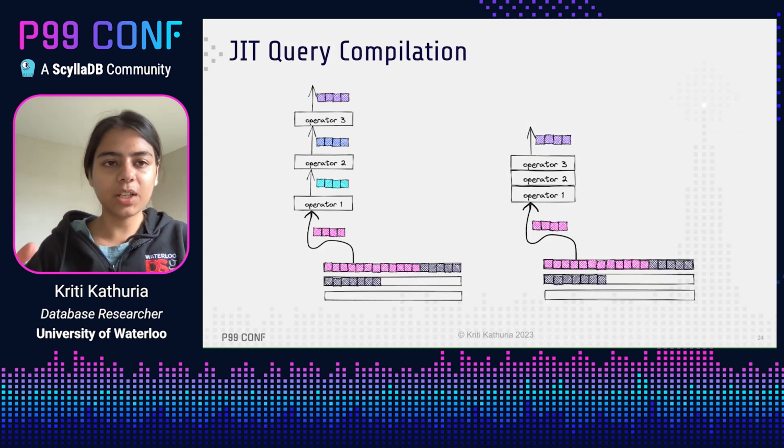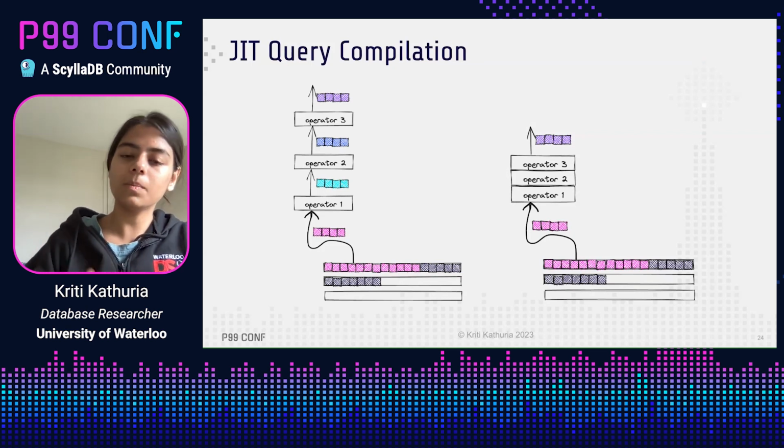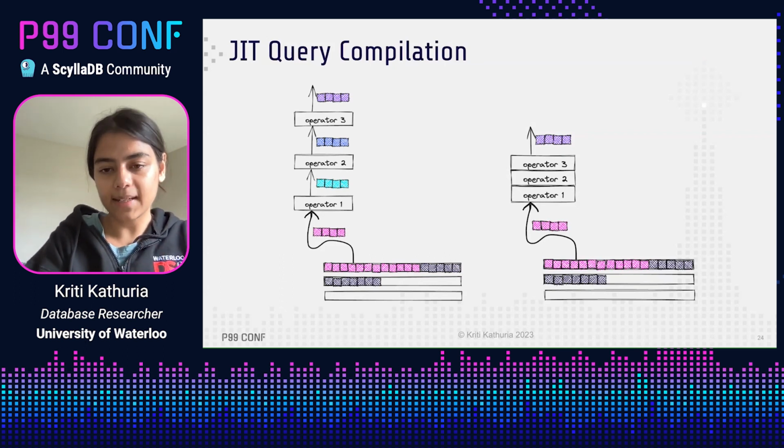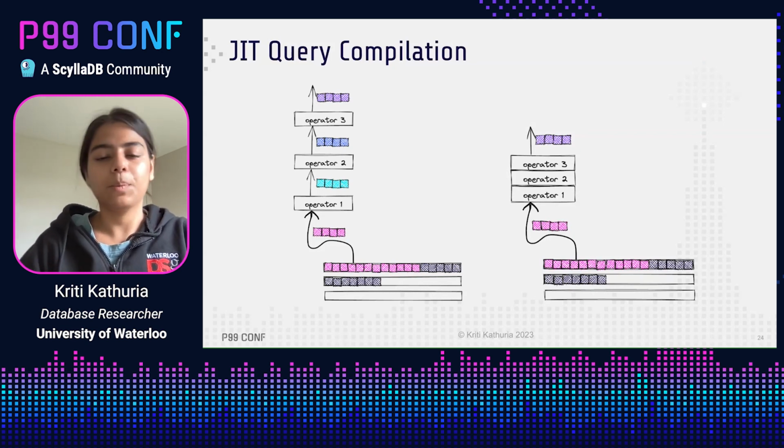So instead of stitching your operators together, it will generate the code for that query in a single function at runtime. The code base becomes complex because of the code generation that is happening, but ultimately it's CPU efficient.